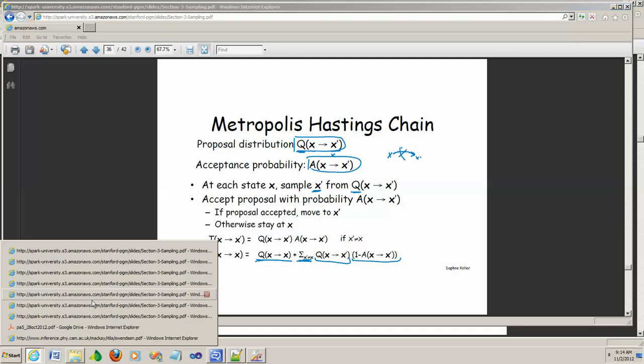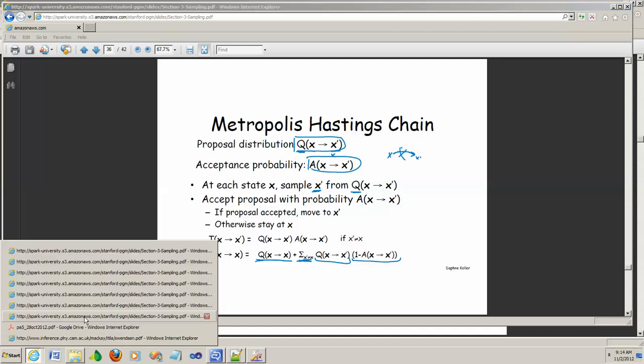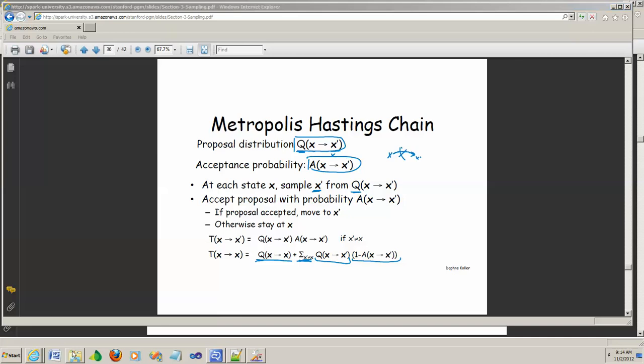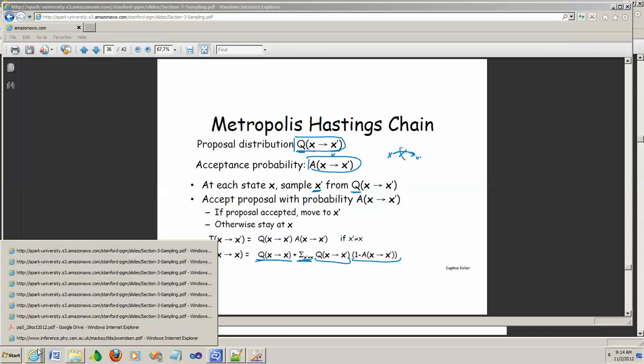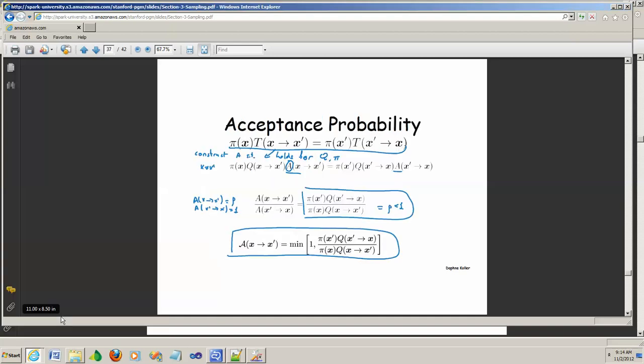So yeah, using that q times A, that's basically going back to using the detailed balance equation, pi of x times T of x to x prime is equal to pi of x prime times T of x prime to x. You can then take this T out and use the q times A that we just discussed before, and then eventually you will get this most important equation, which is the acceptance probability.